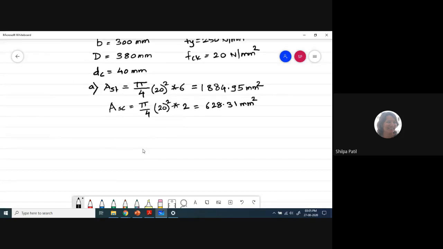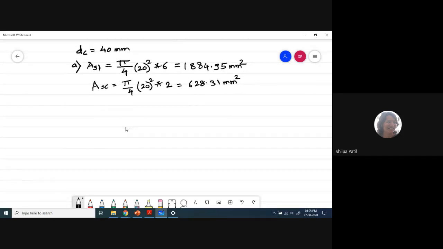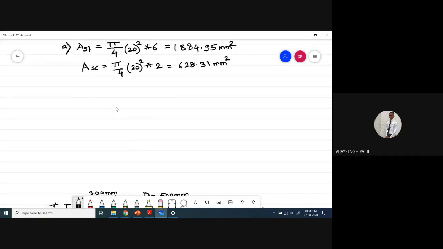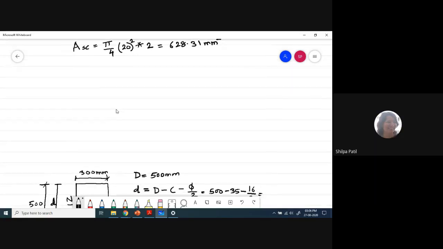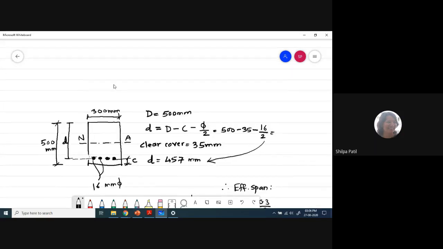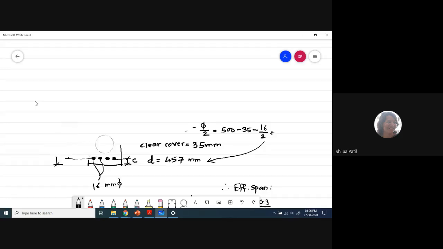So what is the first step now in the calculation? Assume FSC. Yes. Wait a minute. Let me clear the board first.